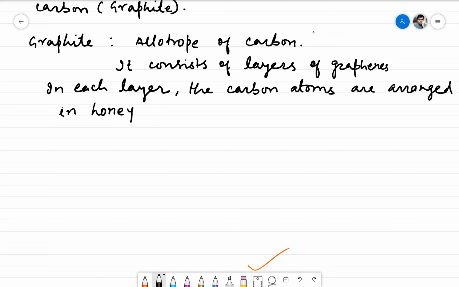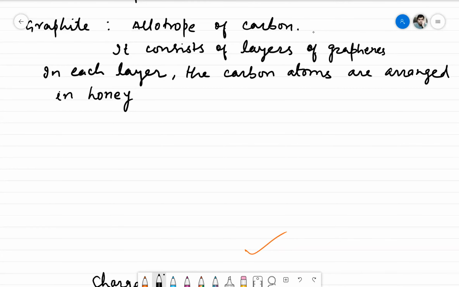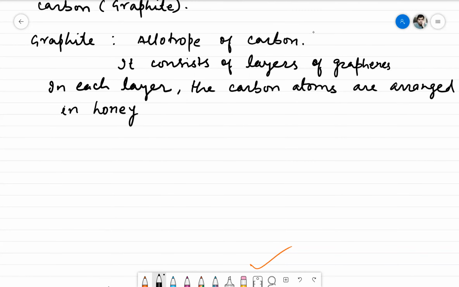As you know, in graphite, the carbon atom is sp2 hybridized, and each carbon atom is bonded to 3 neighboring carbon atoms, forming hexagonal rings, which look like a honeycomb lattice.